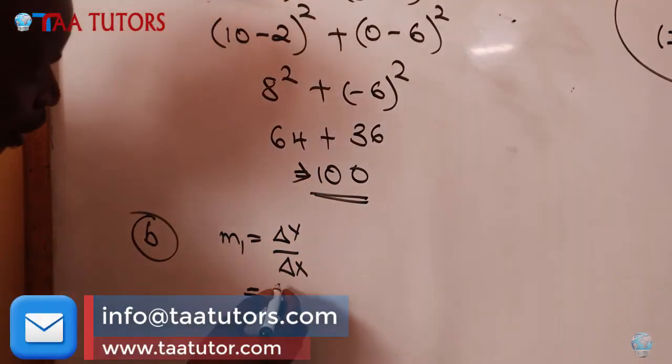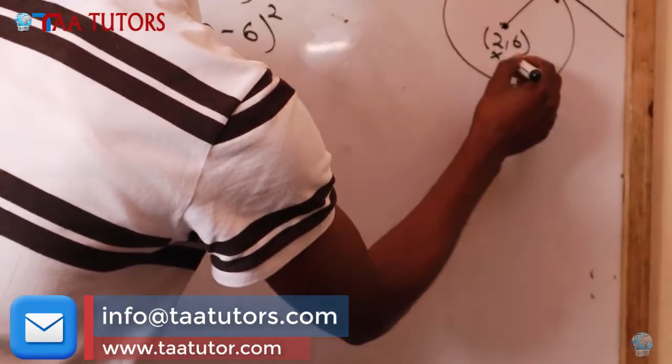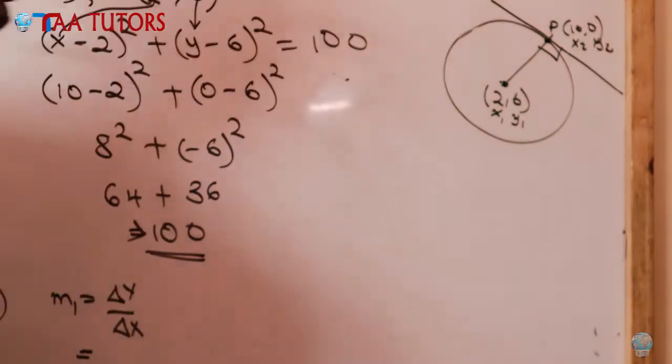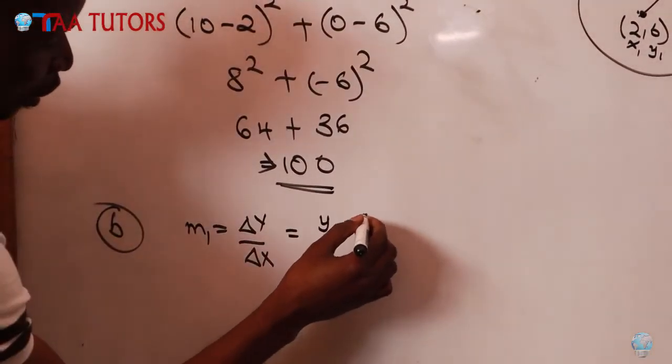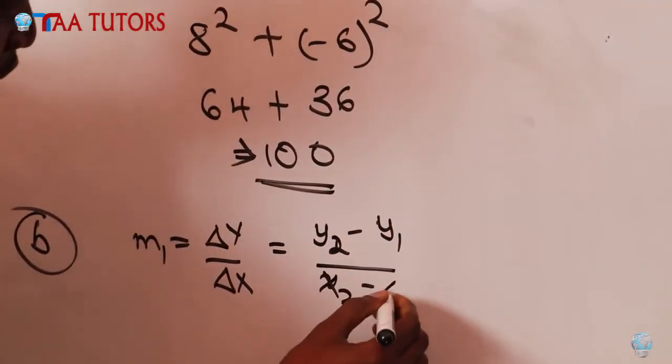So I'm going to take x1, y1, x2, y2. So what I'm going to have is y2 minus y1 over x2 minus x1.